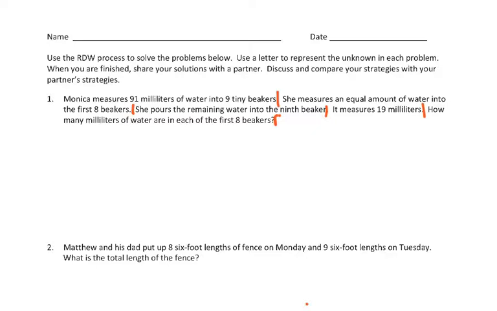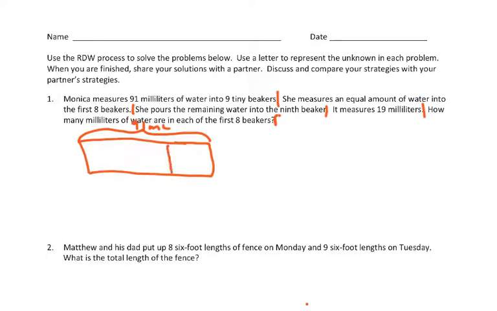So, total, I'm going to draw a tape diagram. Total, there are 91 milliliters of water. We don't know how much water was put into the first 8 beakers, but we know that the last beaker has 19 milliliters.